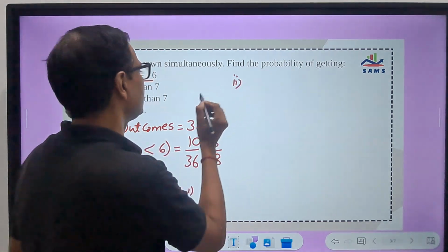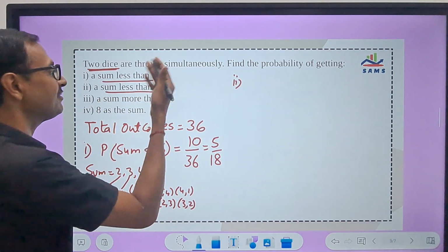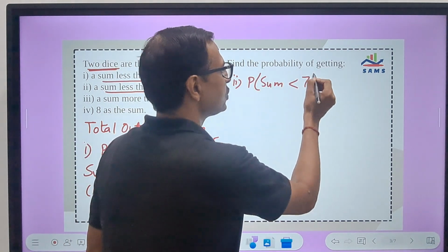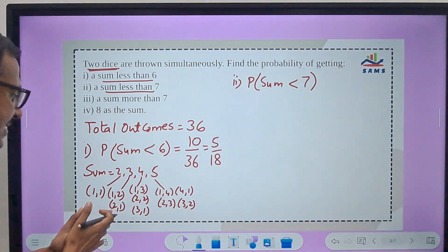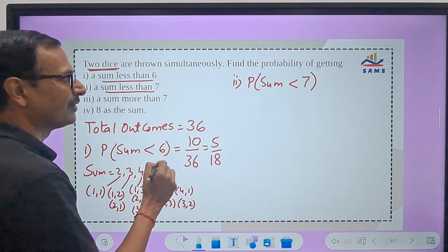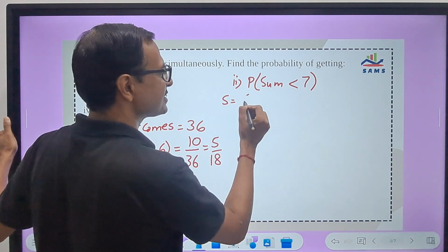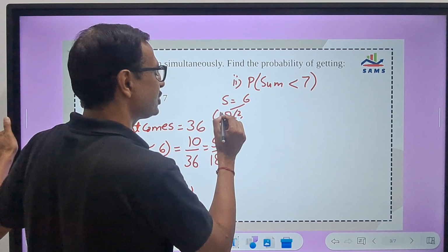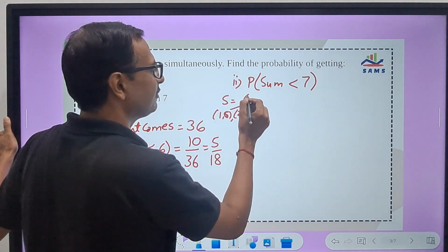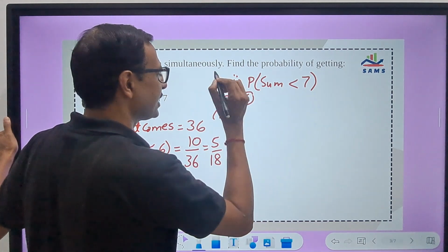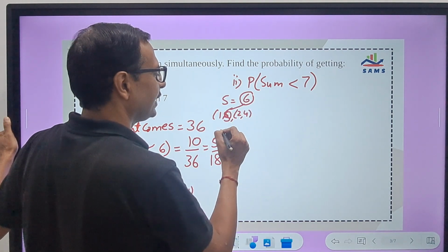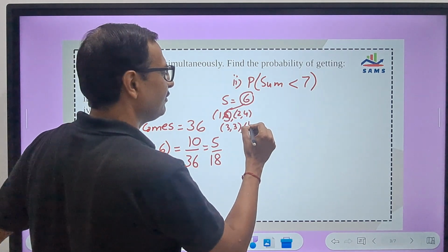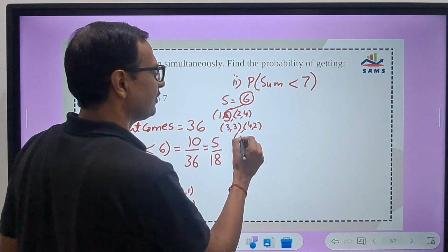Likewise, if the question was sum less than 7, probability of sum being less than 7, we have to list down these cases and include one more, when the sum is 6. What are those cases? If the sum is 6, 1 5, then 2 4, then 3 3, and then 4 2, and then finally we have the last one 5 1.